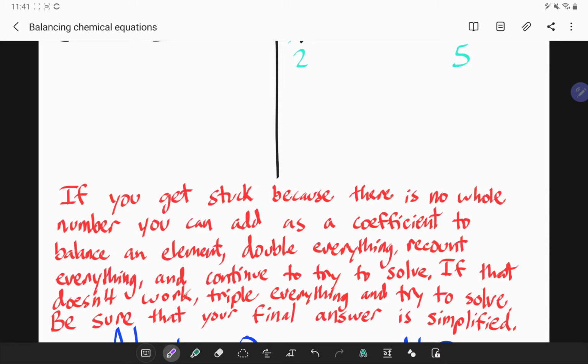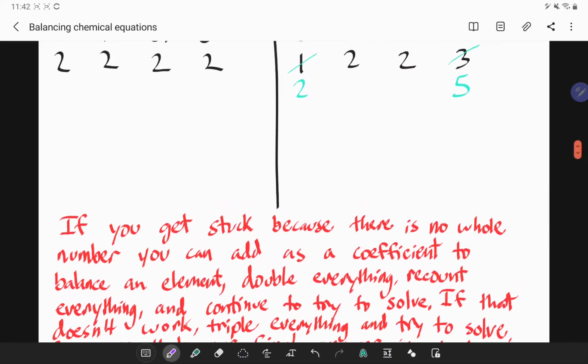Be sure that your final answer is simplified. If it doesn't work, triple everything. You can do that, but it's pretty rare that you'll have to triple something. It's very, very rare. It might happen, so take that into account. But usually doubling everything is going to solve your problem.